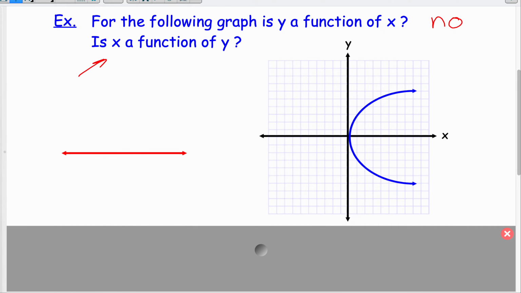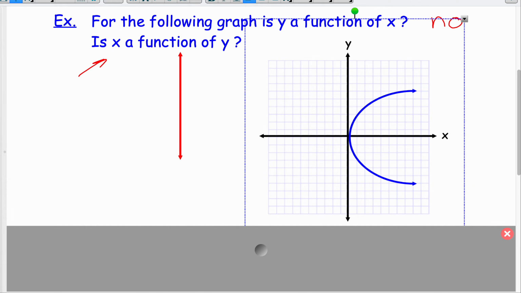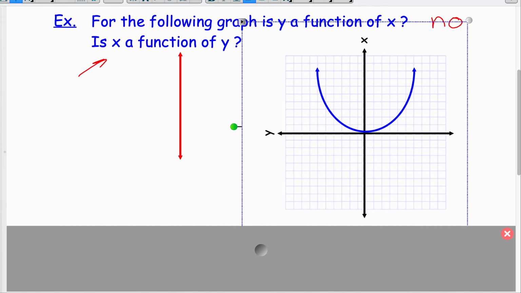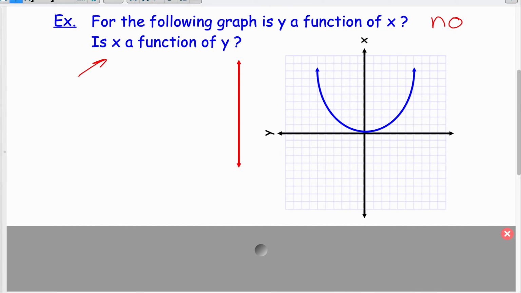Another way you could think of it is if I take my graph and I rotate it like this. And now my vertical is the x and the horizontal is the y. And now I could apply the vertical line test to this one. And is there any vertical line that hits the graph in more than one spot? And the answer to that is no. So it turns out that yes, x is a function of y, but y is not a function of x.